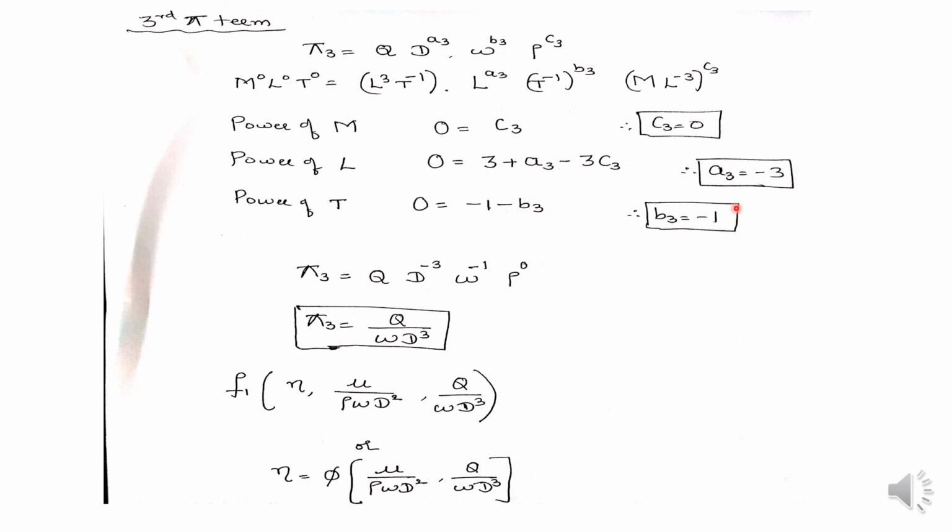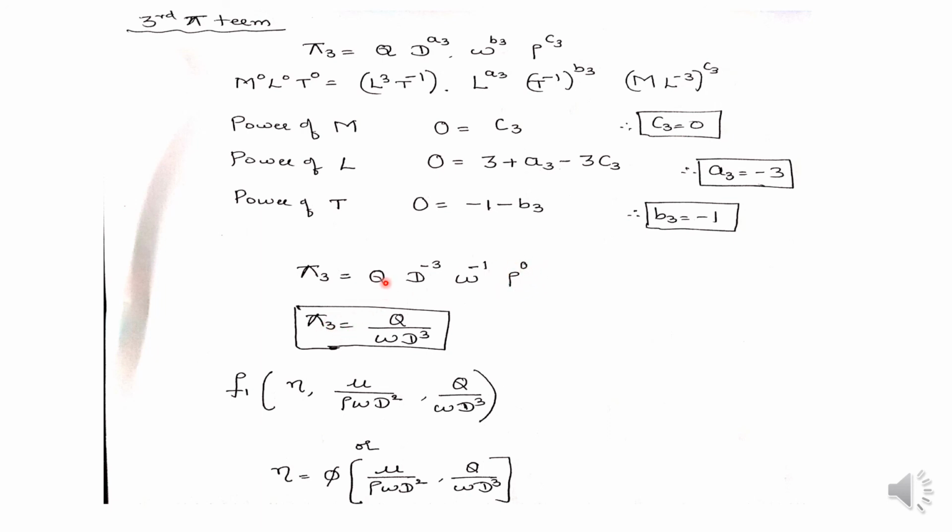Now let us substitute the values of a3, b3 and c3 in this equation. Pi 3 is equal to Q d to the power minus 3 omega to the power minus 1, because b3 is minus 1, and c3 is 0, so rho to the power 0, which is nothing but 1. Therefore my pi 3 value will be Q divided by omega d cube.